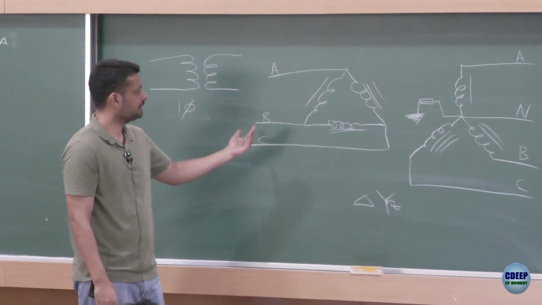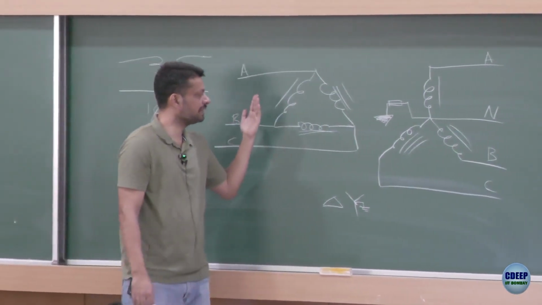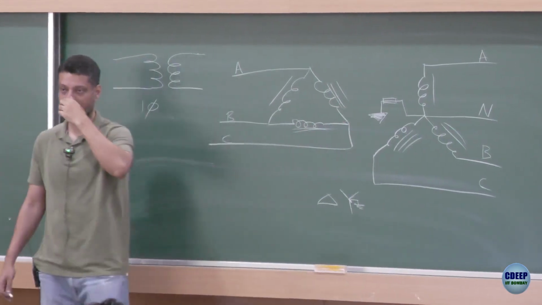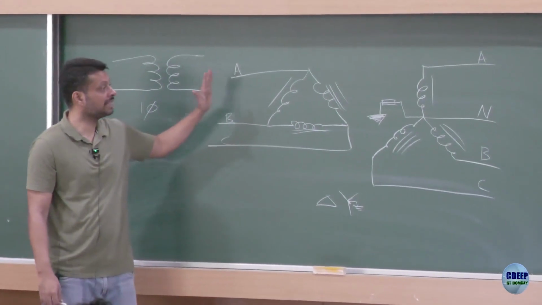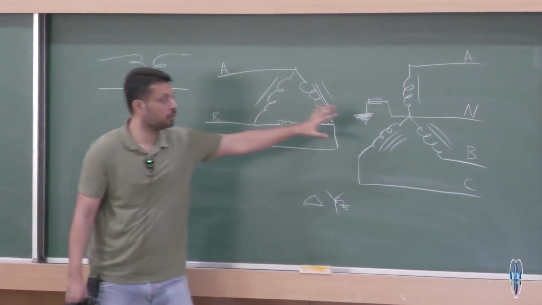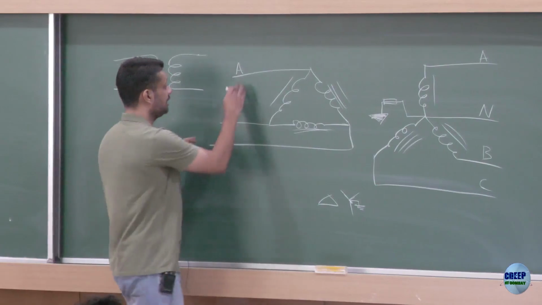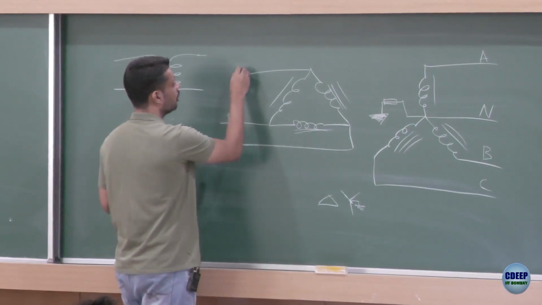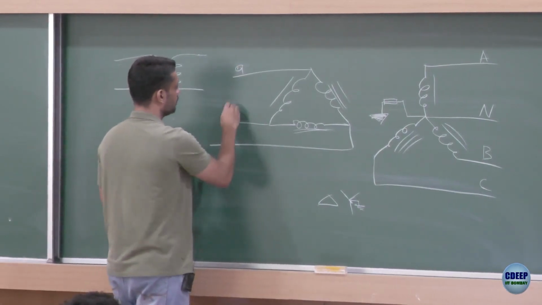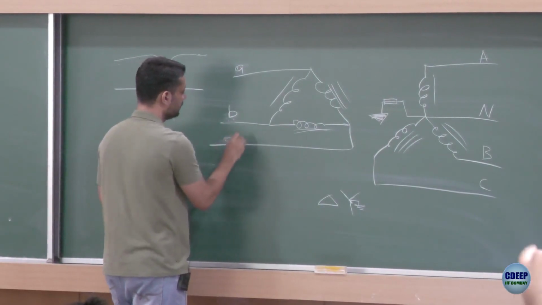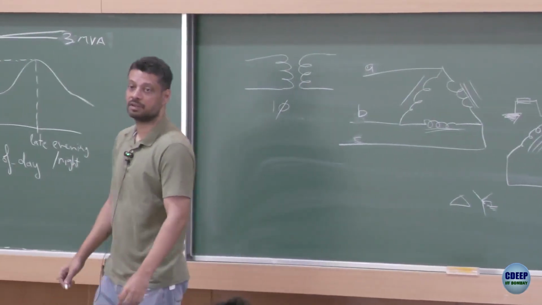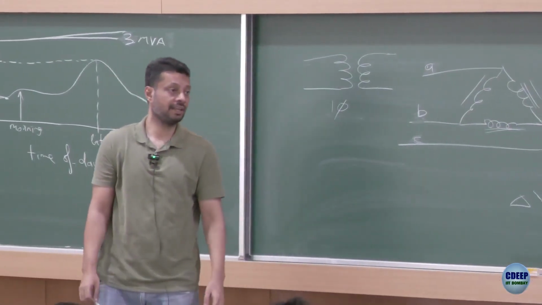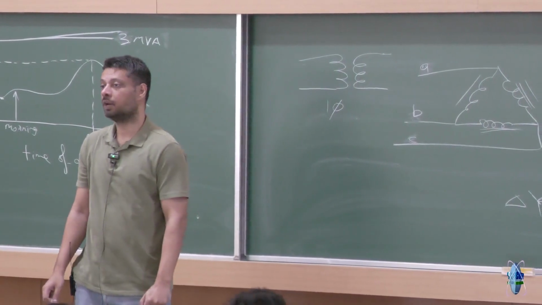The first thing is that when we go from delta to star, if I try to plot the line voltage of this side and the line voltage of this side, let us say these are small abc and capital ABC. If I draw the phasor diagram of small Vab and capital VAB, how would they look?